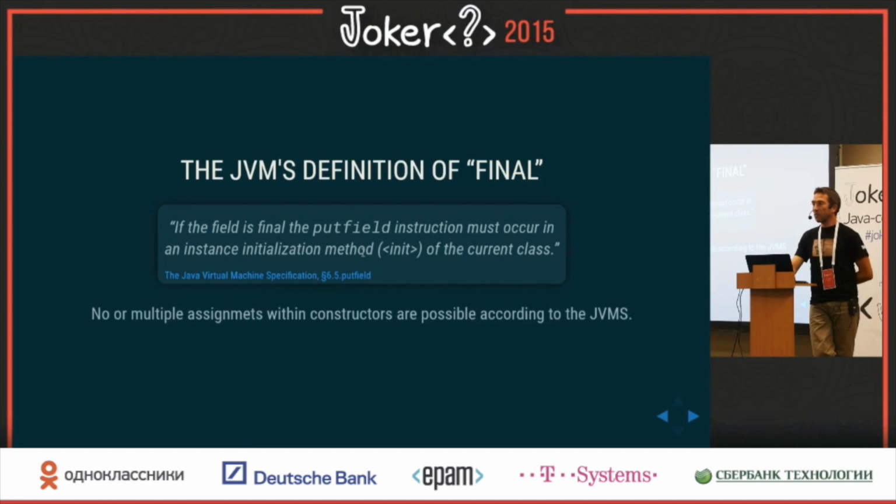The virtual machine definition only says that if the field is final, a putfield instruction must occur in an instance method, in an instance initialization method. That means in a constructor of the current class, and that's all. So according to the JVM definition, we can assign a final variable multiple times inside the constructor, or we cannot assign it at all, in which case it will have the default value, so 0 for the primitive types and null for object types.